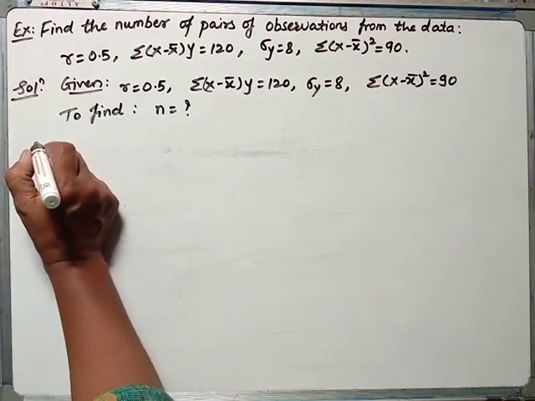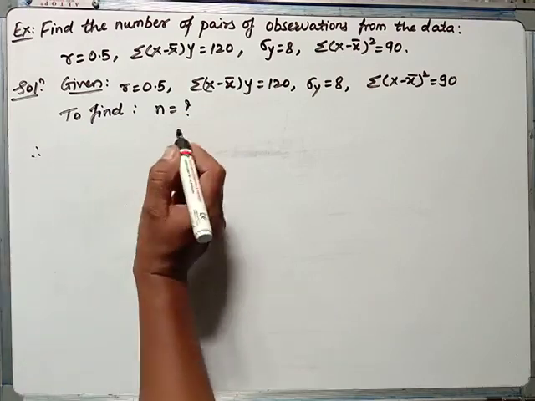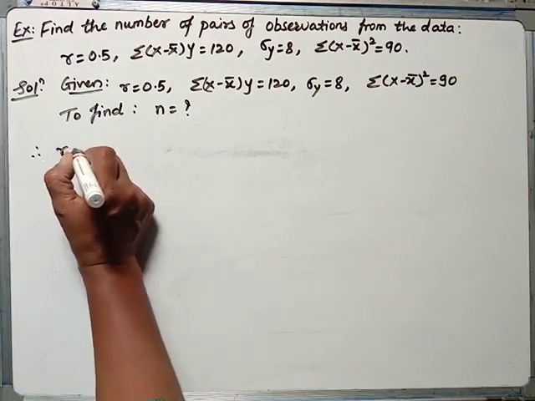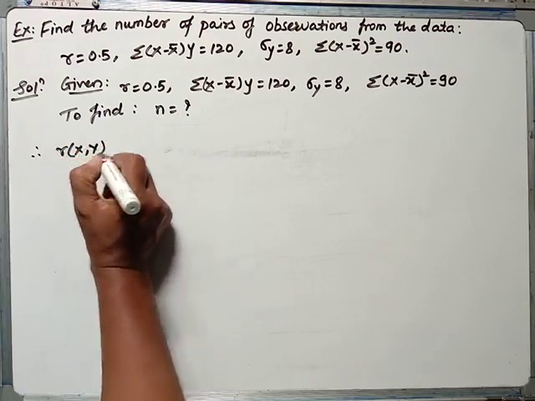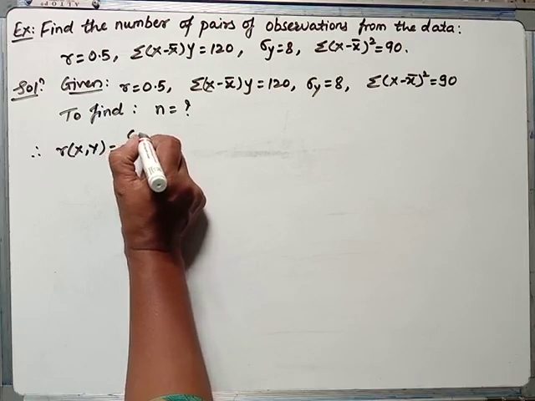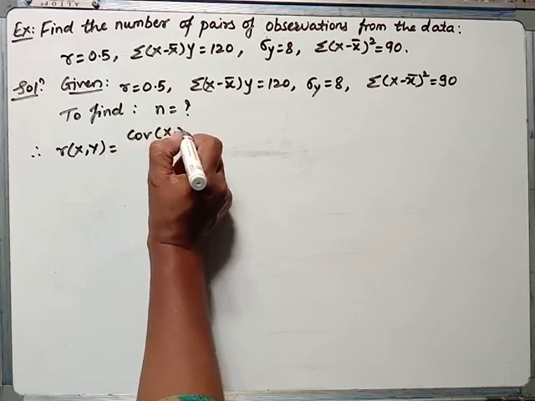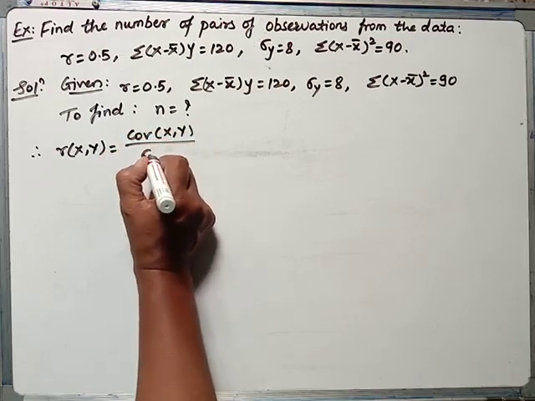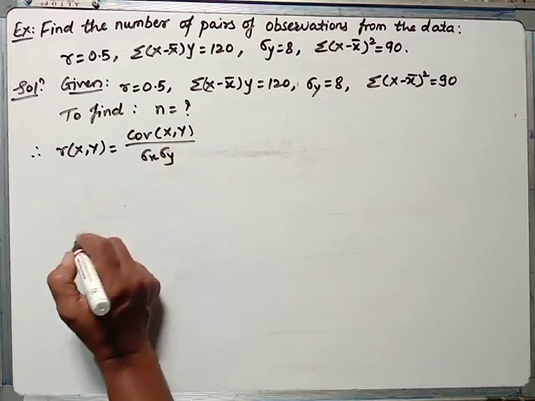Using Karl Pearson's coefficient of correlation, R between x and y is covariance between x and y upon sigma x into sigma y.